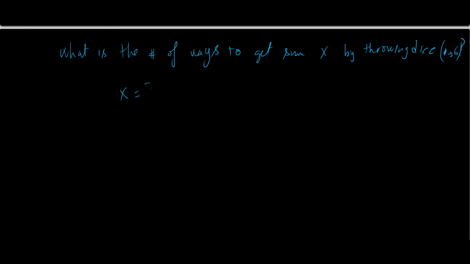So let's say the sum you got was 3. How could you have gotten 3? You may have made 3 throws and each time you got 1, or you made 2 throws, where you got 2 then 1, or 1 then 2, or you just made 1 throw and you got 3.